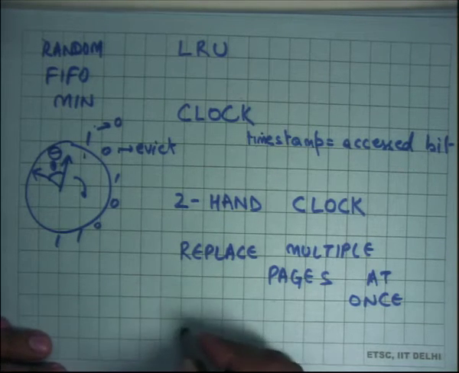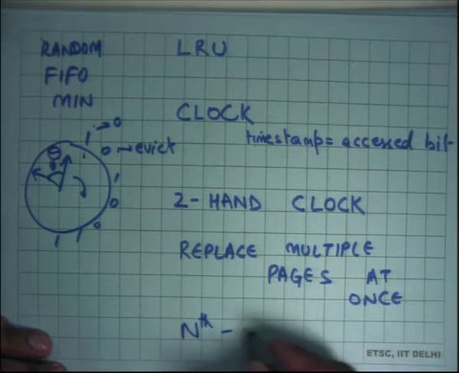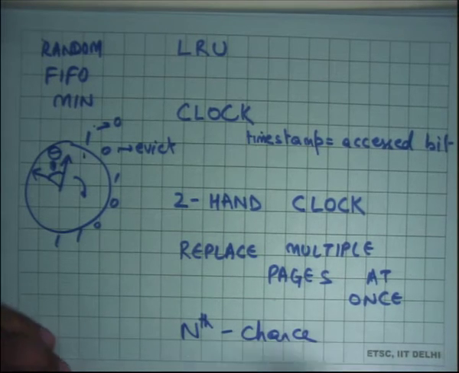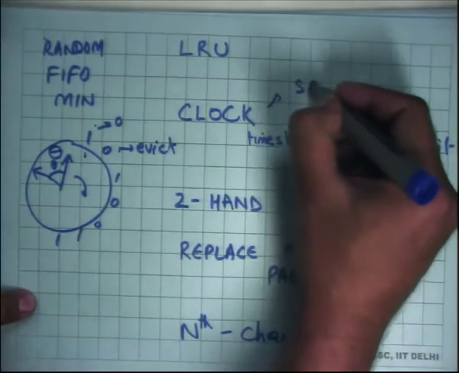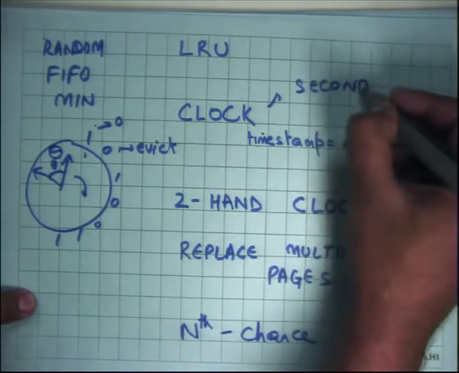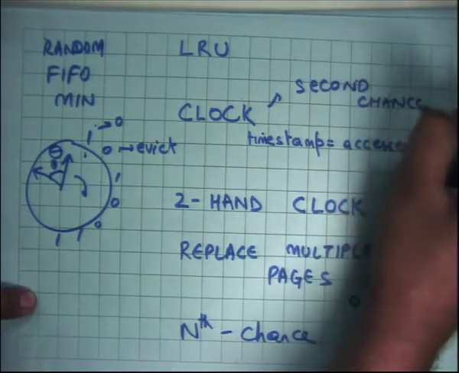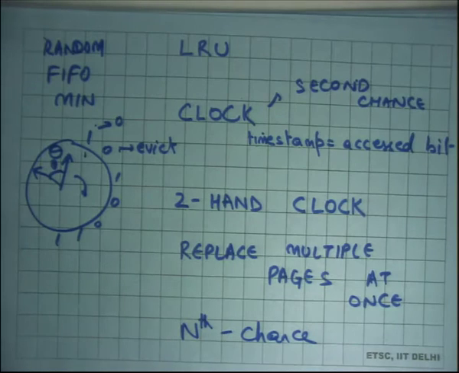Another straightforward extension to the clock algorithm is what's called the nth chance algorithm. One way to think about the clock algorithm is it's also called the second chance algorithm, where pages that have been accessed recently are given a second chance, right?